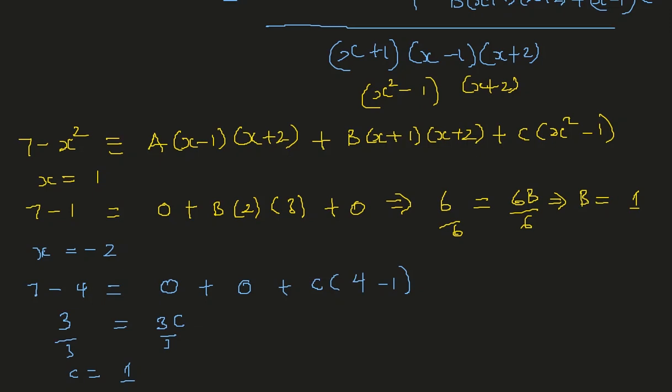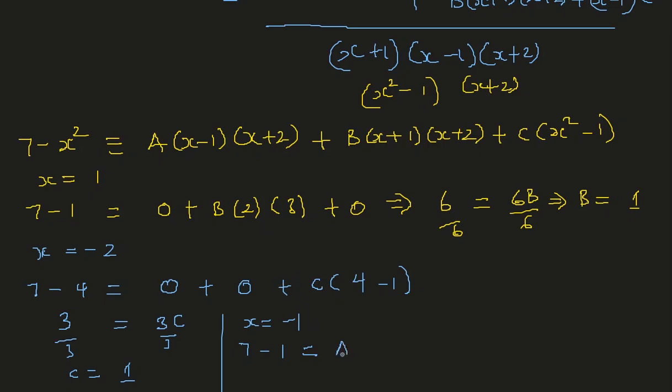Now, the remaining values, we have b, we have c. So let's find a. I can let the value of x be equal to -1. If it is -1, it means the left hand side will give me 7 minus a 1, because this is -1 squared, which is a 1, equaling to... What do I have on the right hand side?